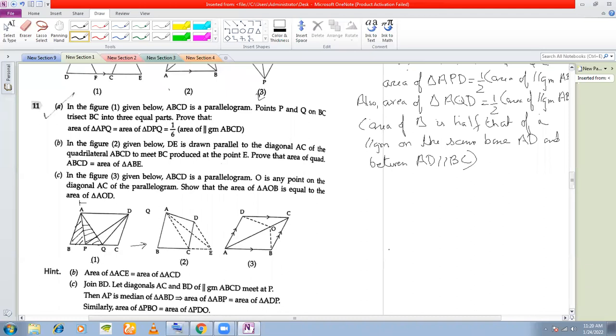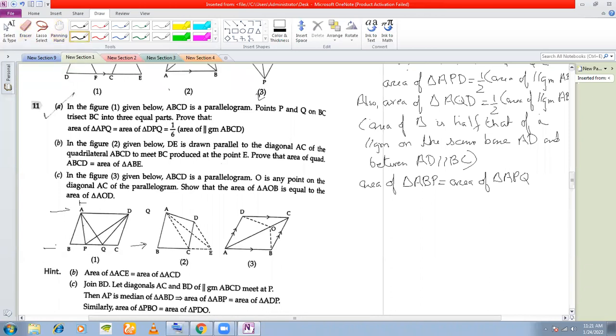Yes, because these two triangles are on equal bases and between the same parallel lines. They have the same height, isn't it? We can write area of triangle ABP is equal to area of triangle APQ.